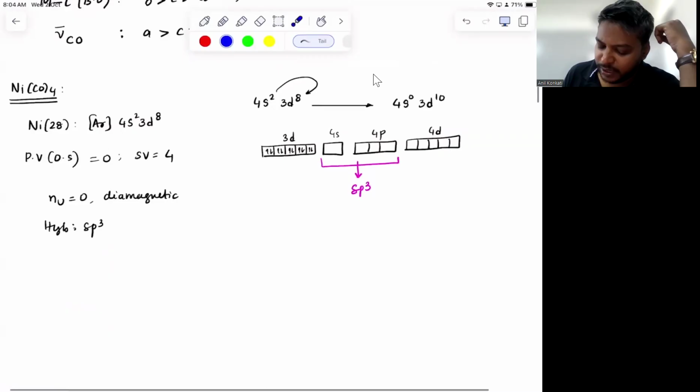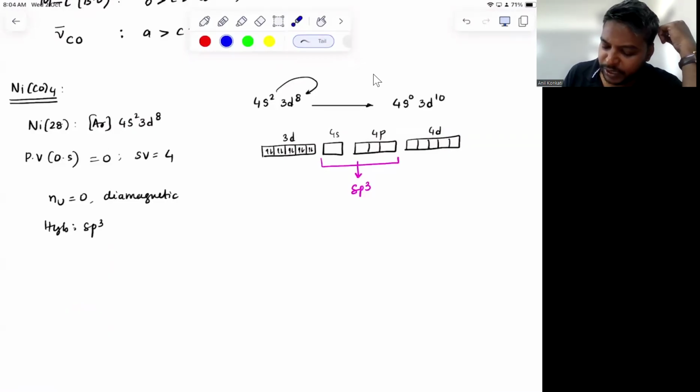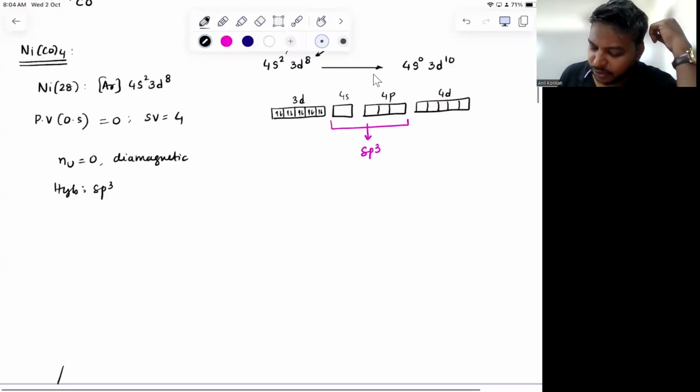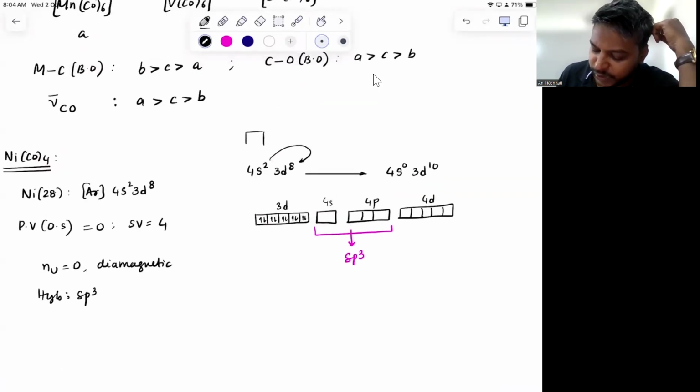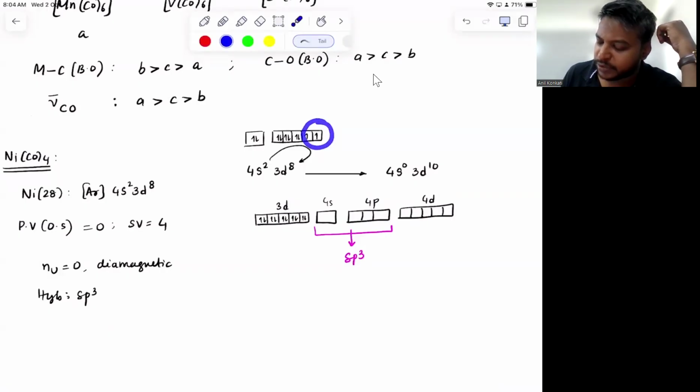If you compare, initially when you have nickel, the configuration is 4s2 3d8. In case of 4s2 3d8, what you would notice is that in 3d8 there are two unpaired electrons present.